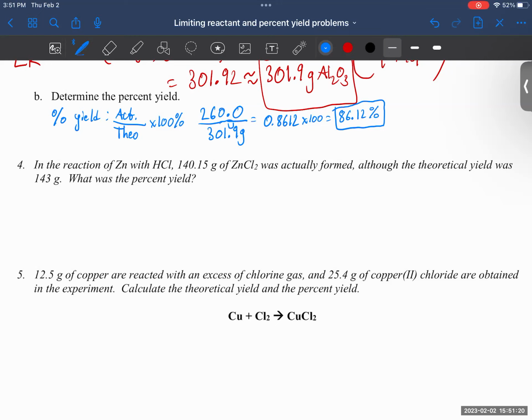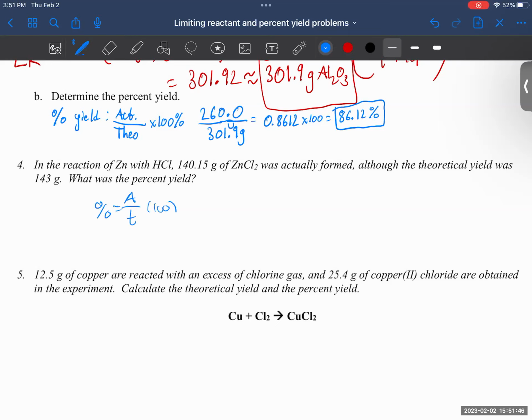Okay, so clearly it gives us information about which thing. Percent yield is equal to actual over theoretical times 100.